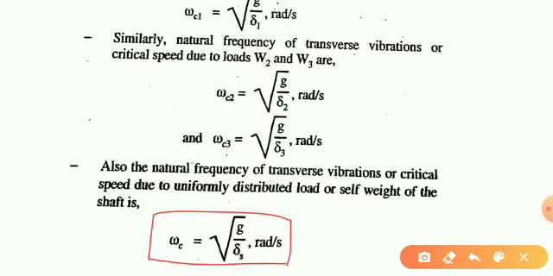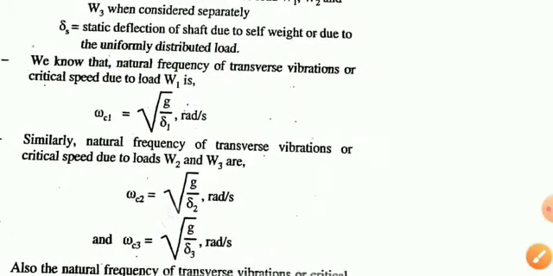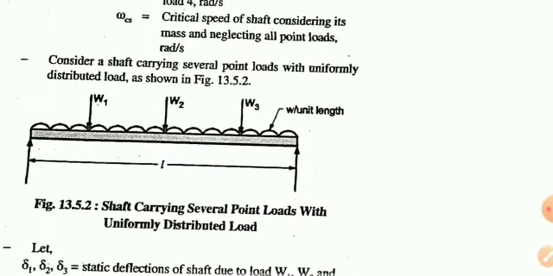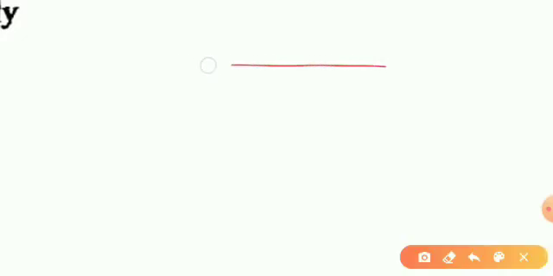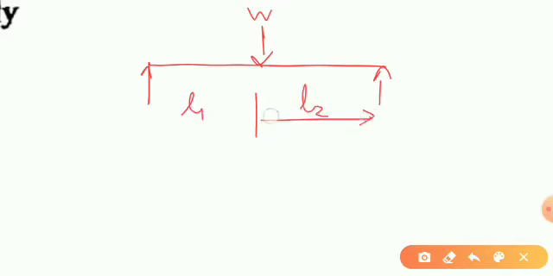Now the static deflection due to a point load for a simply supported beam is given by, suppose there is only one load W. This is our simply supported beam with a point load W, at distances L1 and L2.